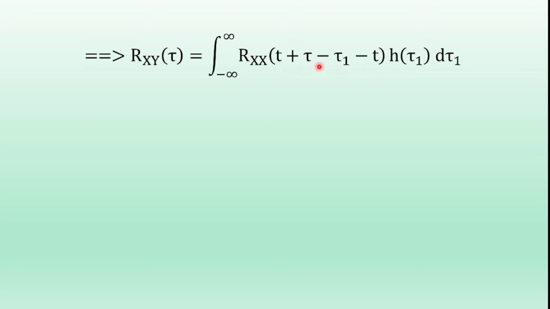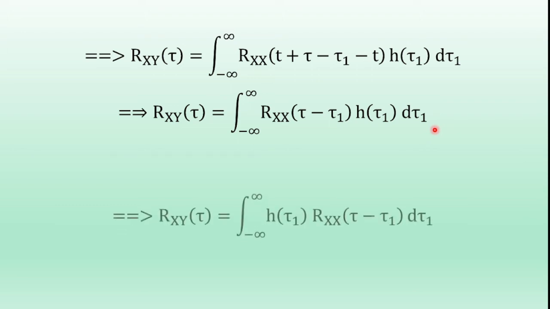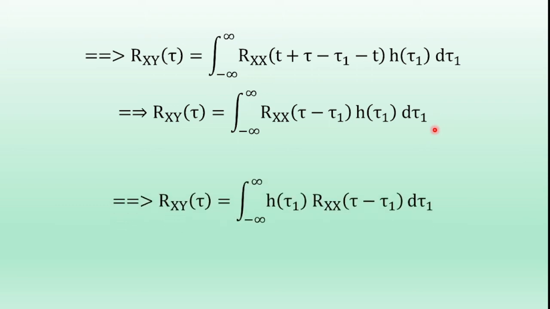Here plus t and minus t cancel, and the remaining expression is the integral from minus infinity to infinity of Rxx of tau minus tau 1 into h of tau 1 d tau 1. Using the definition of the convolution integral, this integral is Rxx of tau convolved with h of tau.